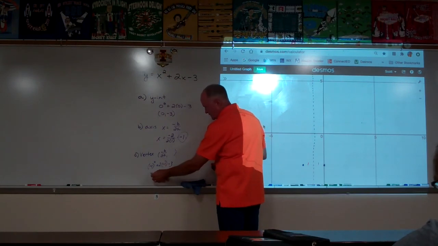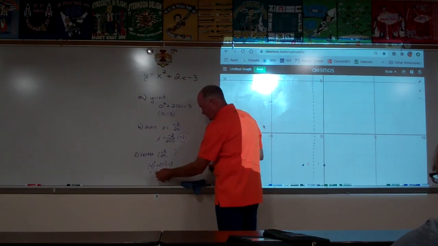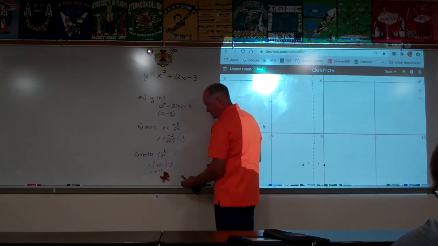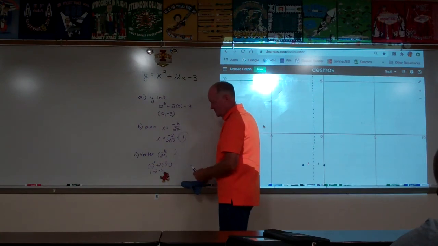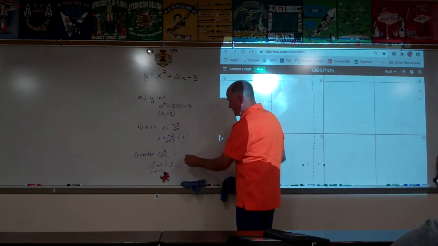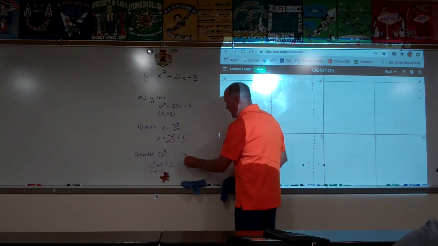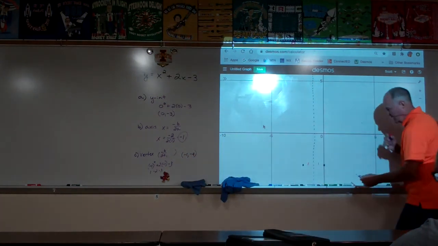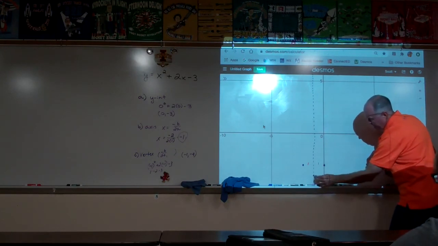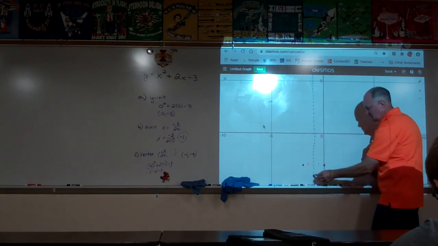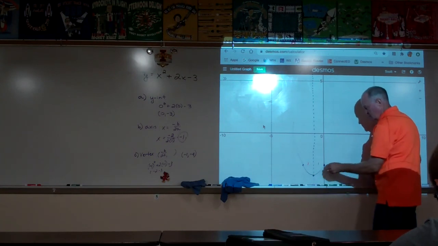So that's 1 minus 2 minus 3, which is -4. So the vertex is at -1, -4. Ooh, that was fast. And so we're right here. And now I've got my dots, and I'm done.